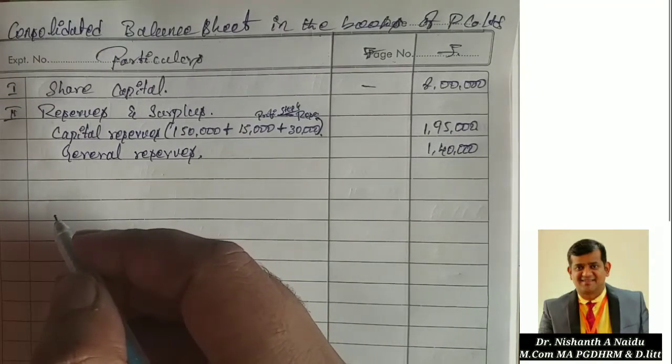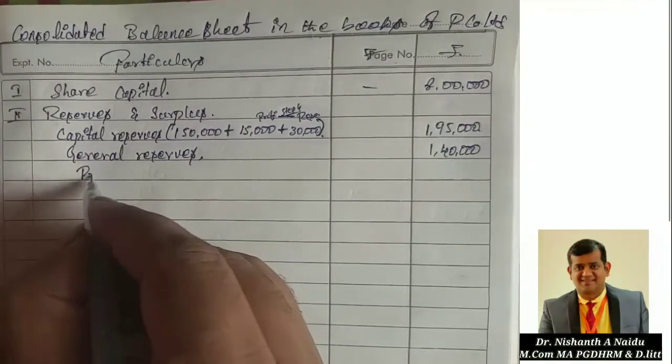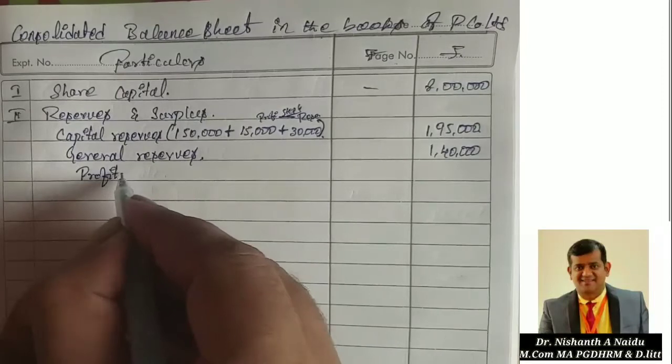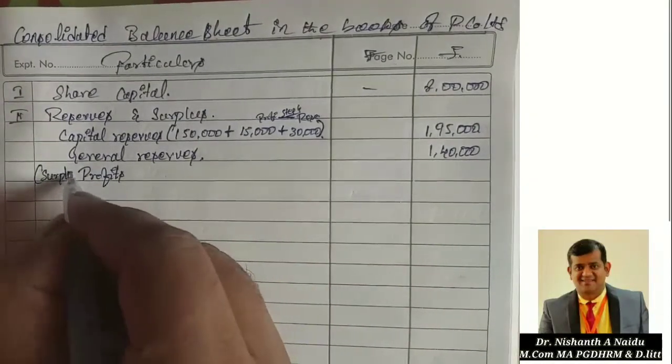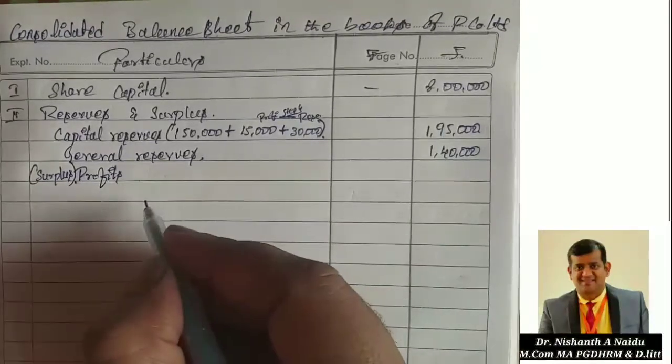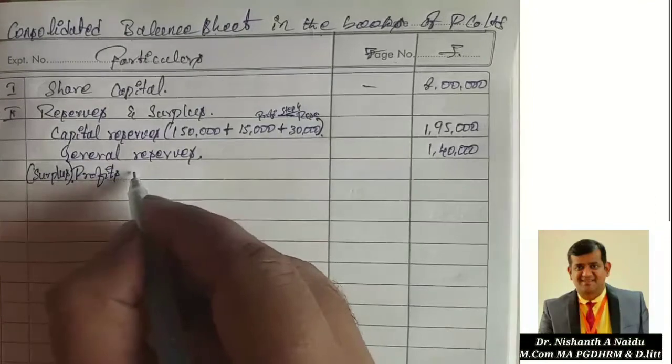Profits. We have to take profits. So take profits, that is nothing but surplus in this problem. In this problem he has given it as a surplus. So Q Company Limited, how much? 2,60,000.